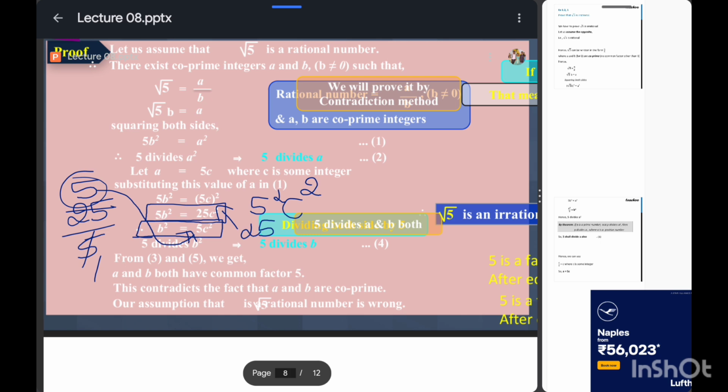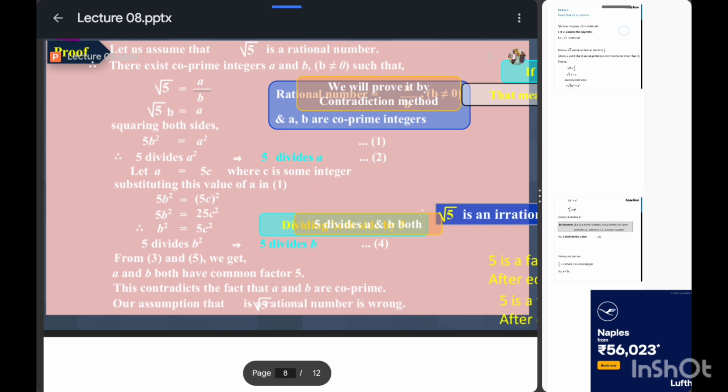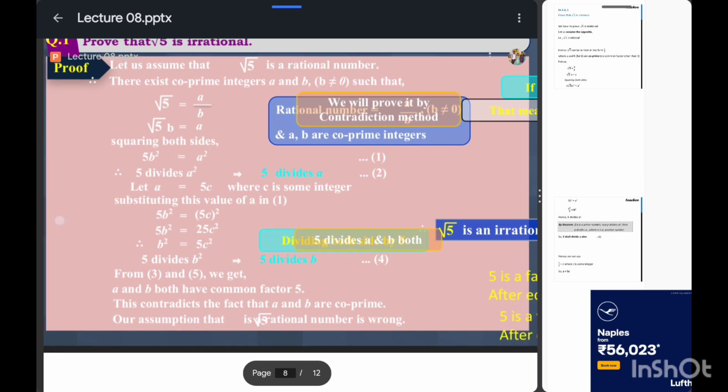So shift the 5 to the left hand side. Here the next step I am writing, students. b square equals 5c square we are having. Shift this 5 to this side, so you will get b square divided by 5.